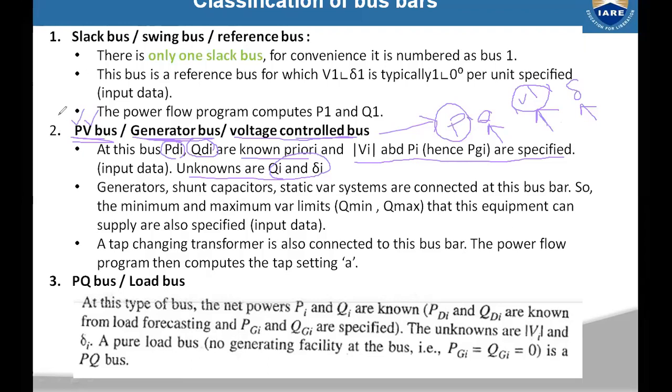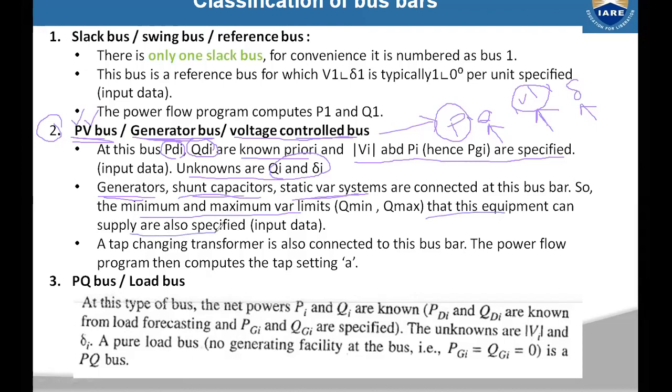Now at this voltage controlled bus, you can also connect generators, shunt capacitors, and static VAR systems. Okay, the minimum and maximum limits of this equipment can also be specified.